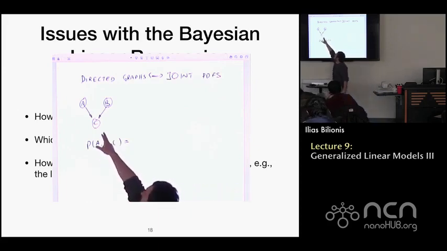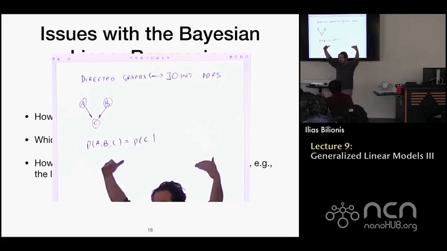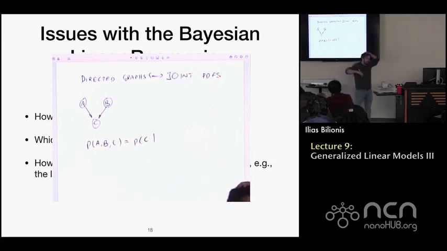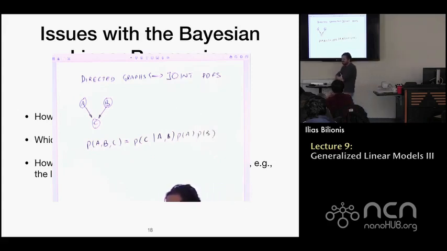We're going to start again from the leaves, from C, and we're going to start writing probability of C. Then we're going to put on the right of the vertical line all the parents of C, so we're going to put A and B, because in order to talk about C, we need to know A and B. And then we go to the other nodes, and we see that A doesn't have a parent, and B doesn't have a parent. So it goes like that. Make sense? We're going to do this with every model I introduce in every lecture.